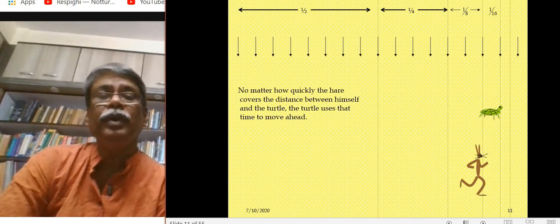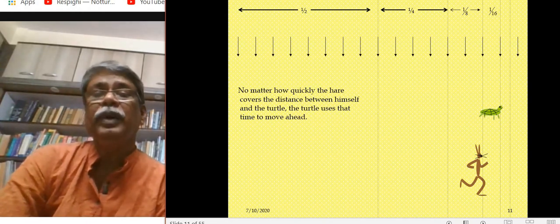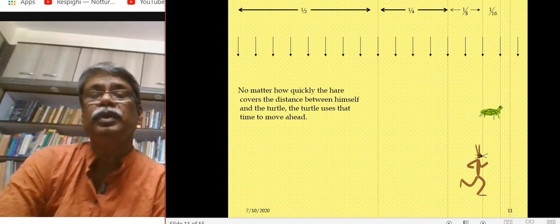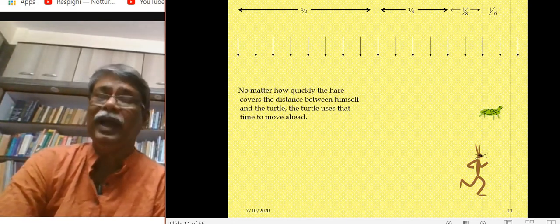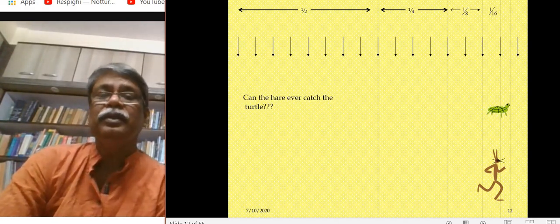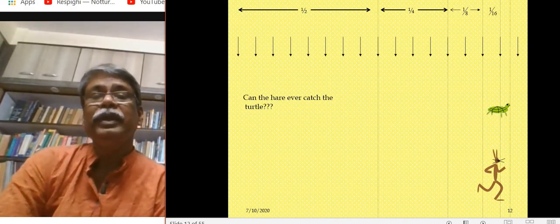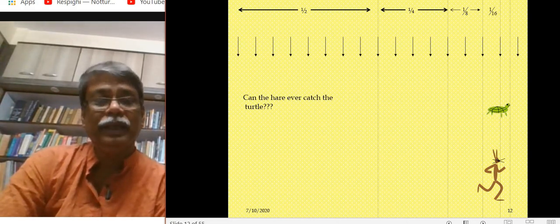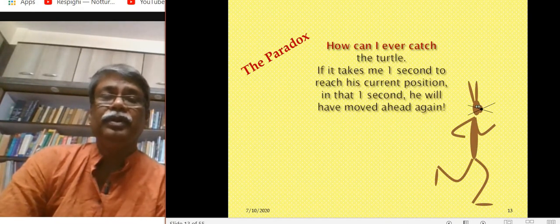And the same argument for the next part. No matter how quickly the hare covers the distance between himself and the tortoise, the tortoise uses that time to move ahead. So it goes on and on. And here is the problem: can the hare ever catch the tortoise? Can it? That is the paradox.